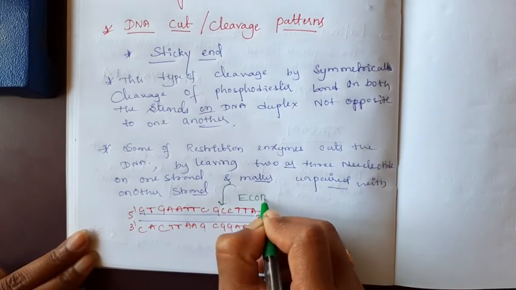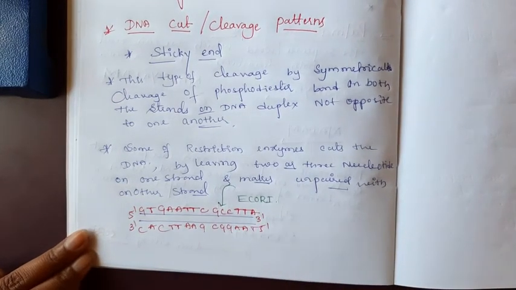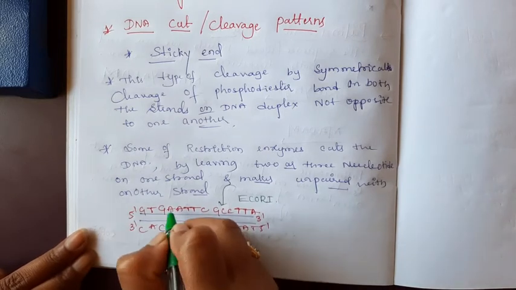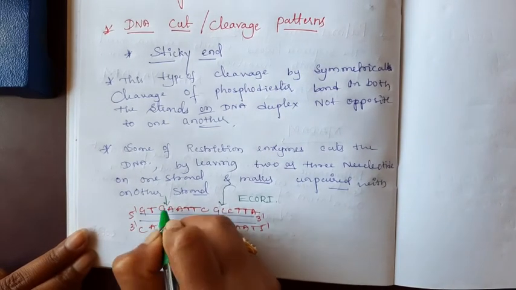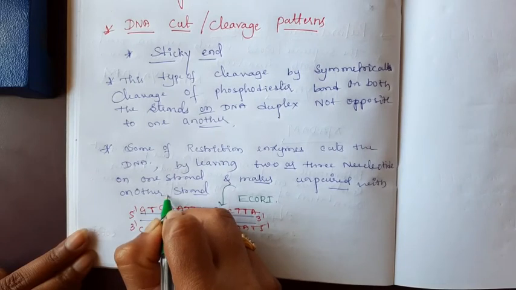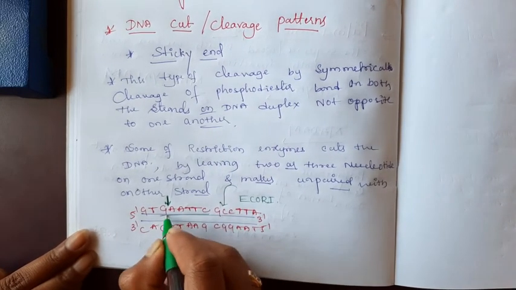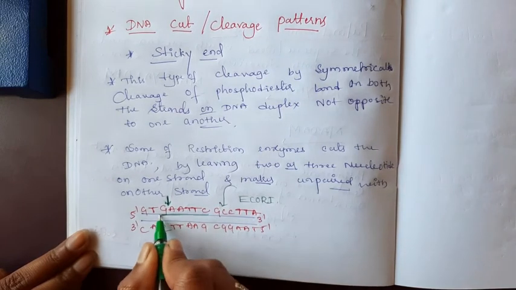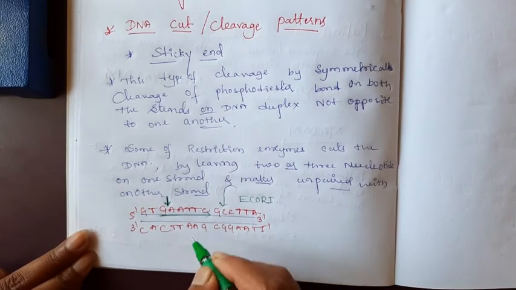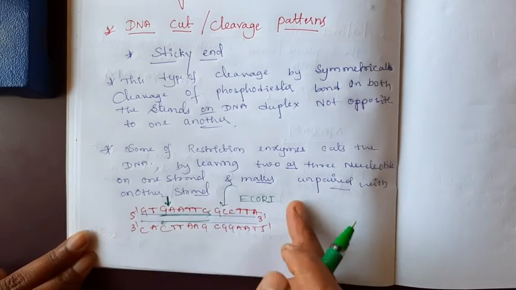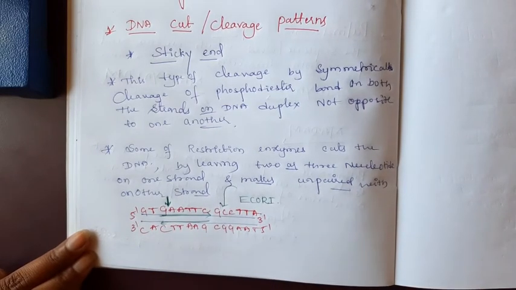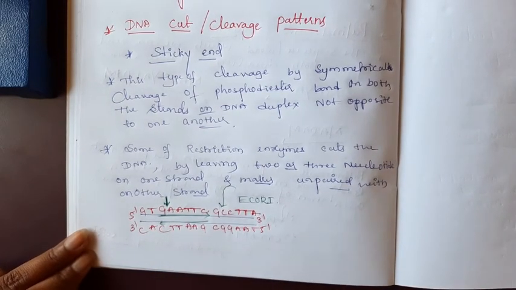EcoRI will cut the sequence here. The first cut of EcoRI is in the middle of GAA-TTC. This is a palindromic sequence, we already know that. It is the recognition site of the EcoRI restriction enzyme.